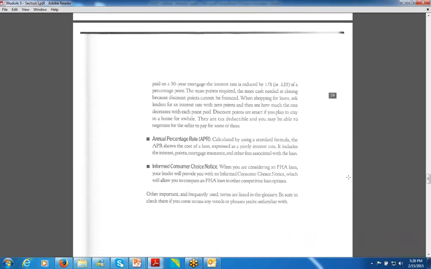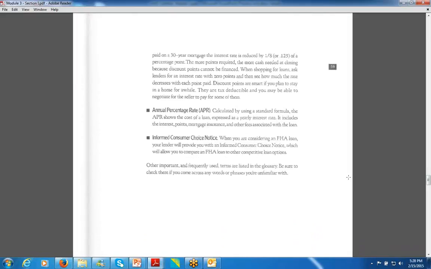And your annual percentage rate, that's one of the things that you'll see on the charts when you look at the paper at lenders. Your APR is not your interest rate on your loan. When you look at your good faith estimate and your truth in lending, which we'll look at in a little bit, your APR is something that the government came up with because it's so difficult to compare apples to apples, because someone will charge a fee with 1 point, someone will charge a different rate with less points.